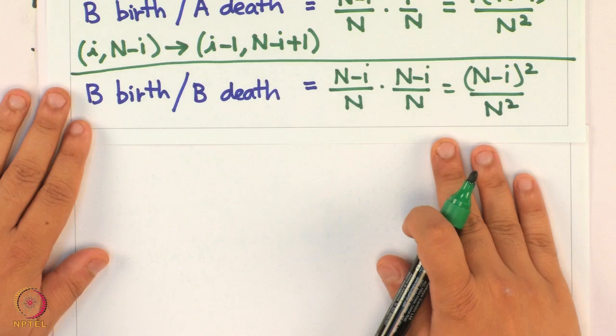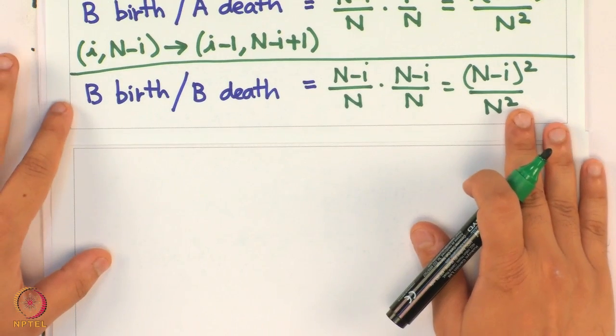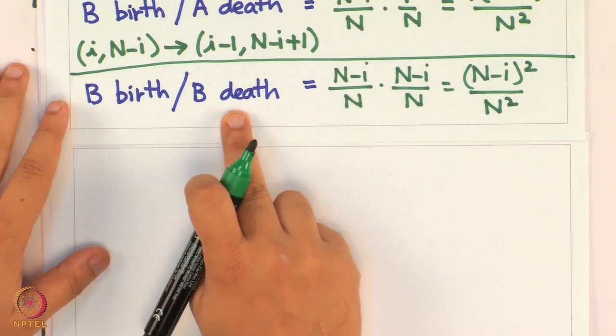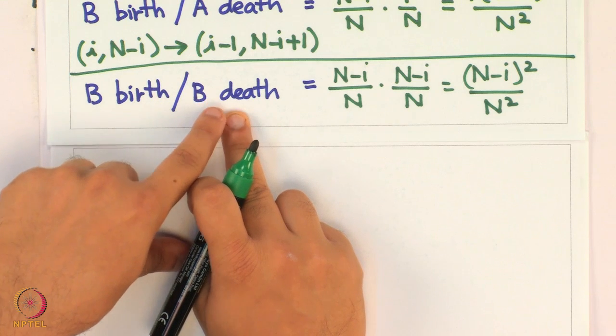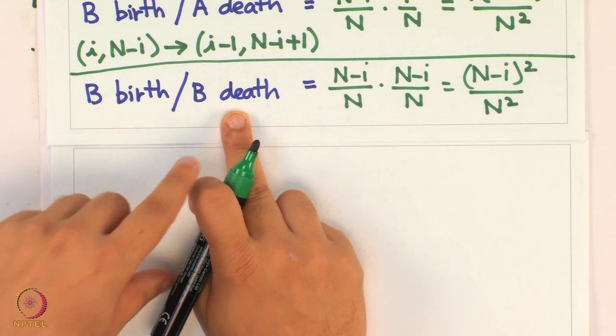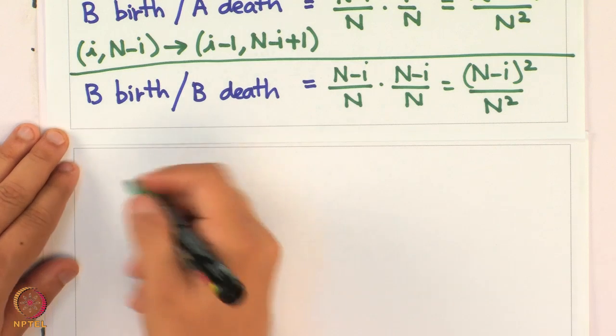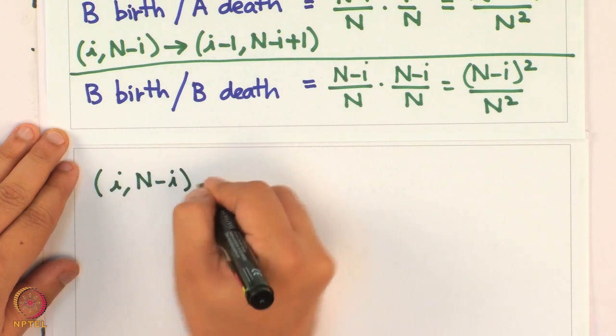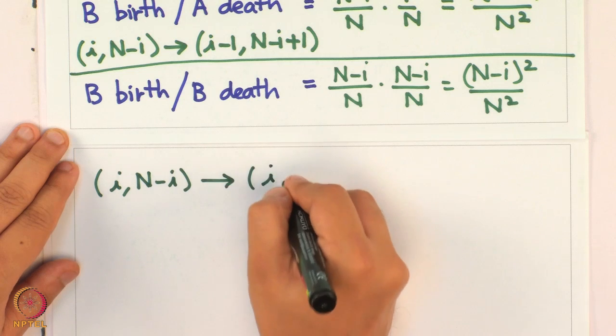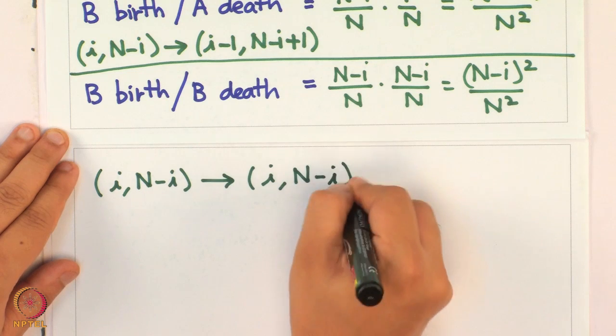let's do this on another sheet. The state of the system associated with this 4th choice is B birth and B death. That means B birth means the number of B goes up by 1, but B is chosen to die. That means the number of individuals belonging to genotype B comes down by 1. Hence, the system moves from i, n minus i to i, n minus i.